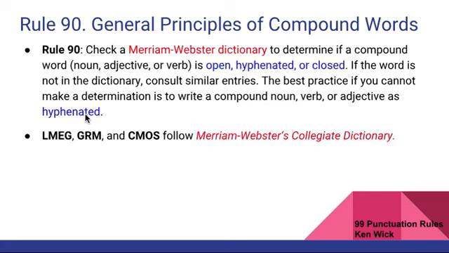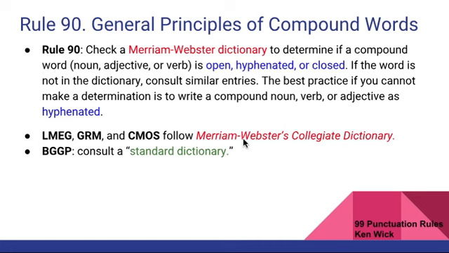So let's look at some examples. Maybe I should mention the LMEG, the GRM, and the CMOS. I covered this in a different video, but they follow Merriam-Webster's Collegiate Dictionary. The BGGP just says consult the standard dictionary, so I'm commenting on this when I say check a Merriam-Webster dictionary.